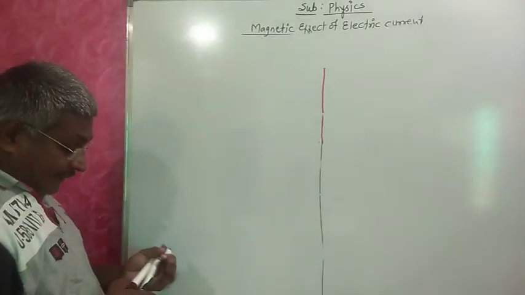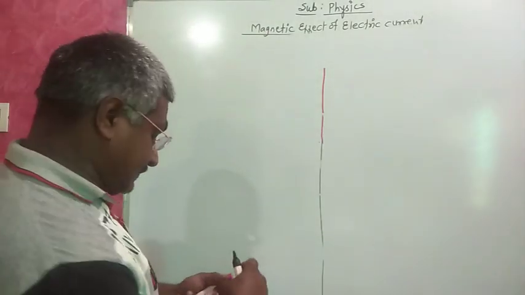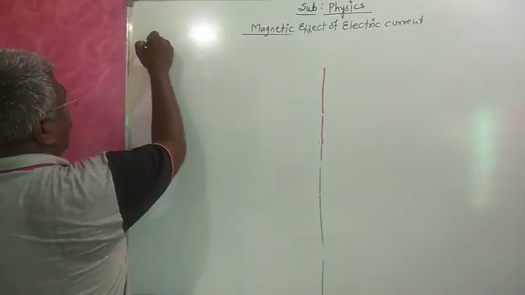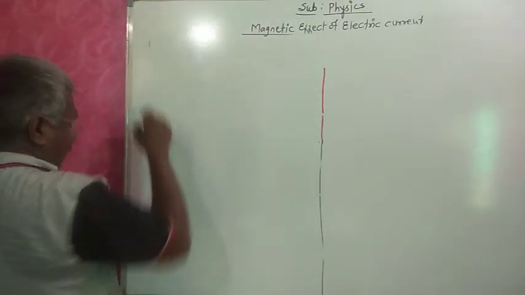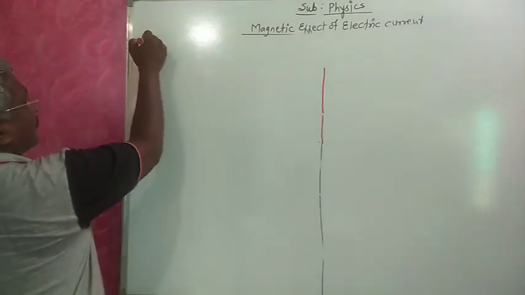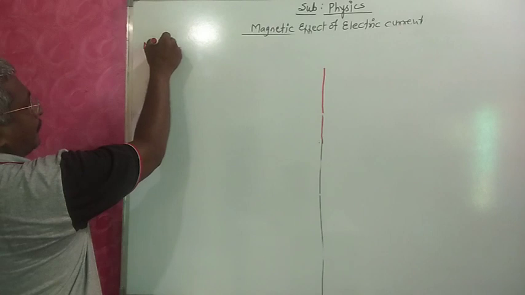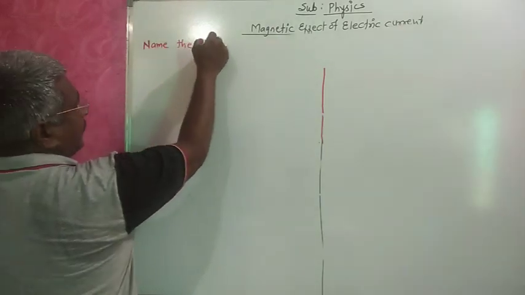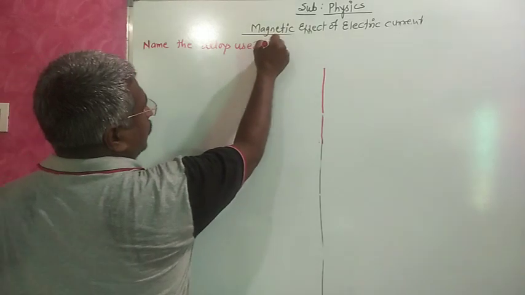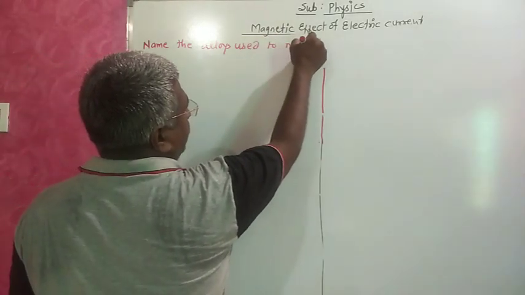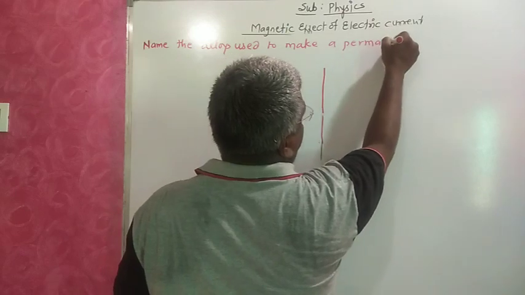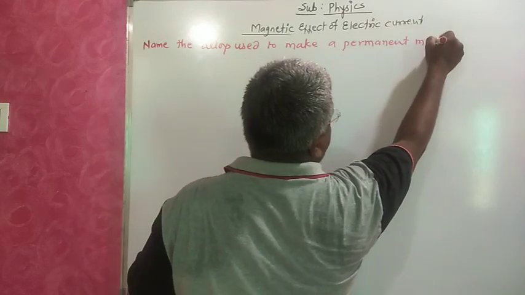Now, next we are going to discuss: name the alloy used to make a permanent magnet.